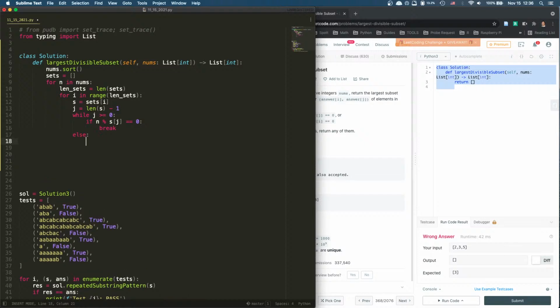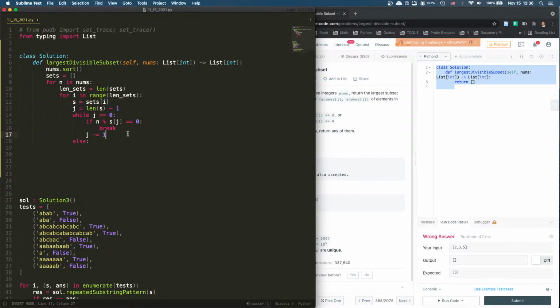And else, if it doesn't divide, j minus equal 1. Then we check j. If j is larger or equal to 0, that means we found something that does divide.